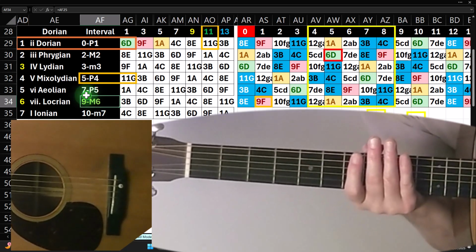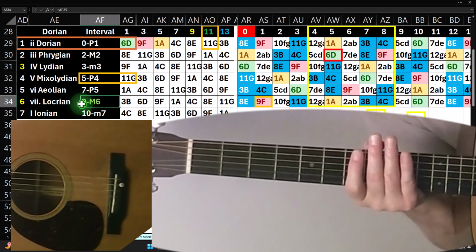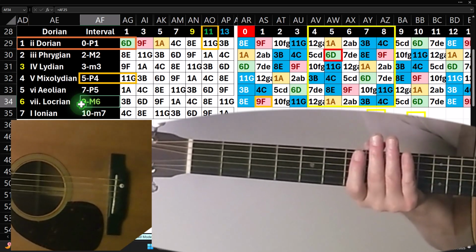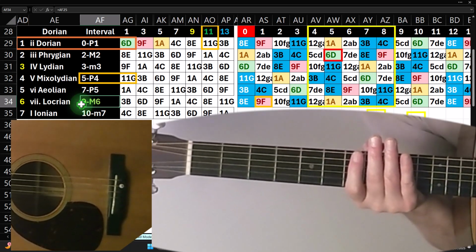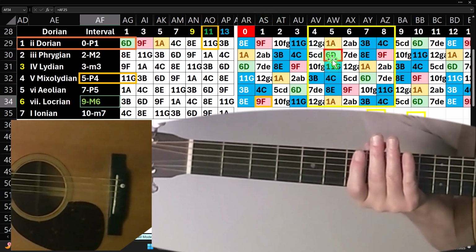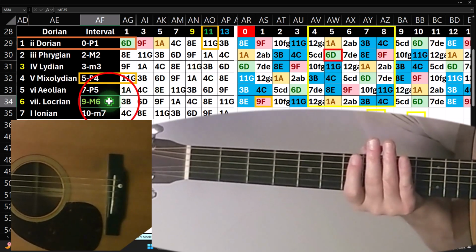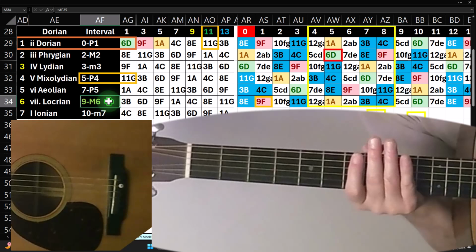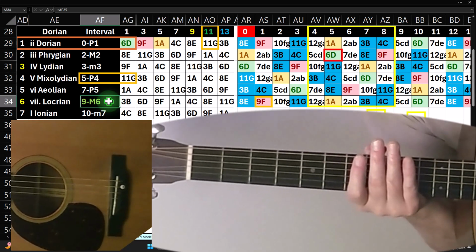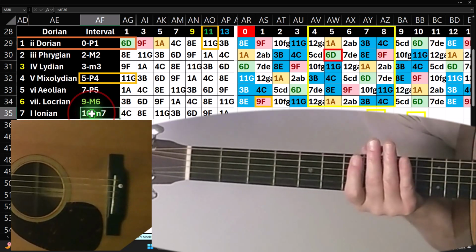So this is the thing that's different between the Dorian, which is a minor mode, and the Aeolian. So if you wanted to take this pattern and change it to the D Dorian, you could take the D minor, then focus in on this interval, flattening it, right? And then you'd come up with a different shape. But we're going to focus on the Dorian here.